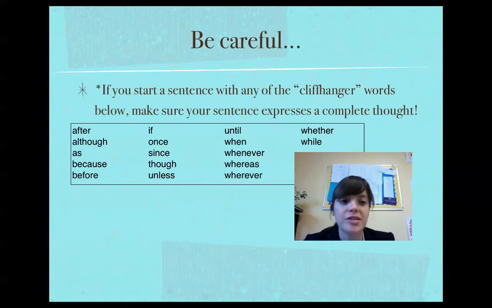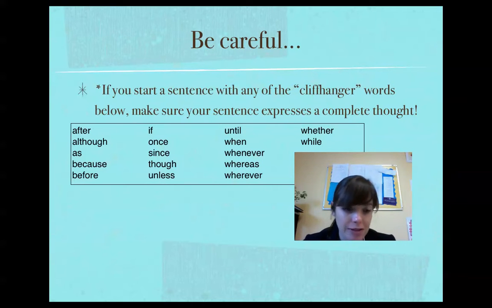Alright, so here's a list of some of those cliffhanger words, where if you use them at the beginning of the sentence, you need to be very careful that you finish that thought. After, although, as, because, before, if, once, since, though, unless, until, when, whenever, whereas, wherever, whether, and while.